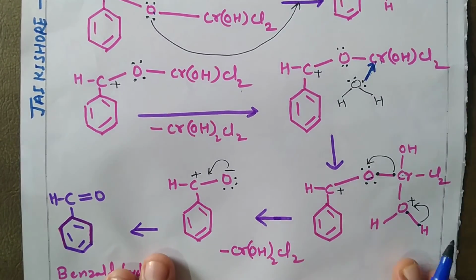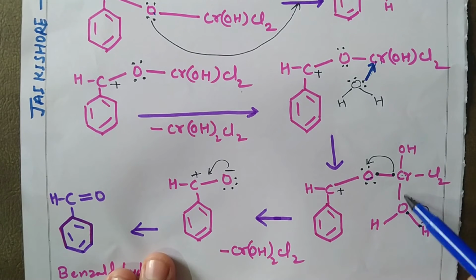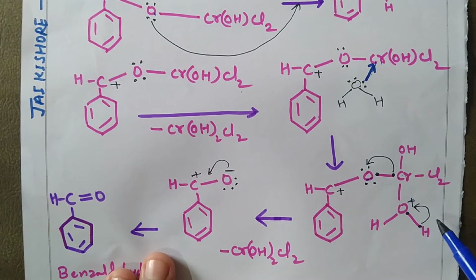Here you can see that water is attached here and oxygen has given an electron. So oxygen is positively charged now. After that, in order to neutralize the positive charge, this H plus will eliminate by giving its electron.